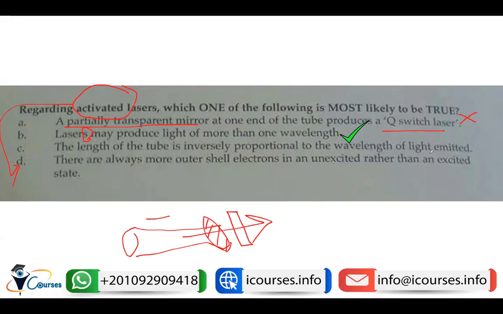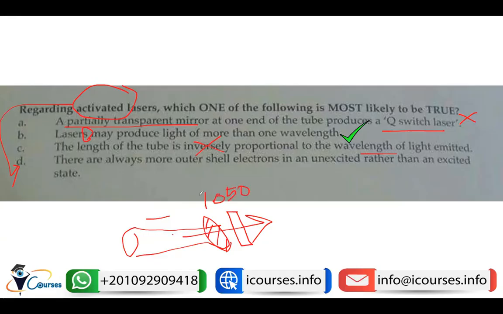The length of the tube is directly proportionate to the wavelength of the light emitted. For example, if we are producing infrared rays like that of the femtosecond laser, it is about, as I remember, 1050 nanometer. It has a longer wavelength.